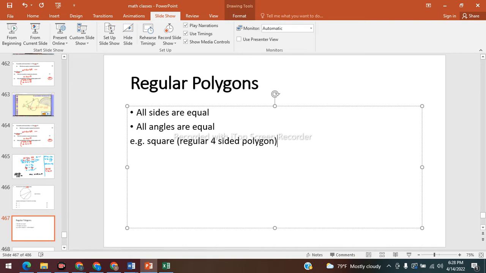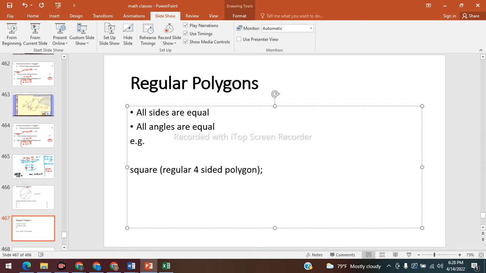For a three-sided one, if it's a regular three-sided figure, what do we call it? Everybody's quiet. A regular three-sided figure? Not a triangle.